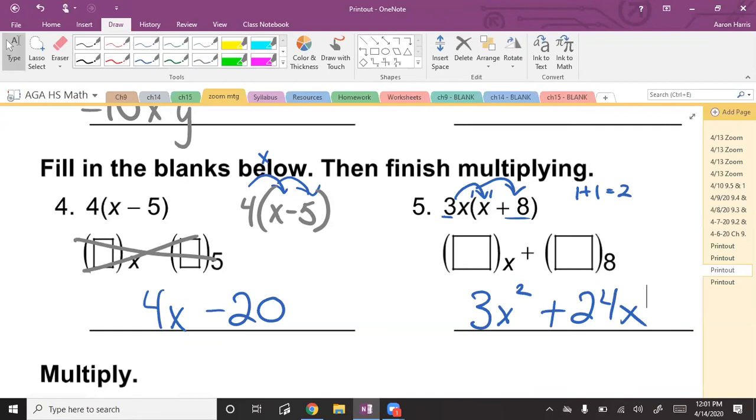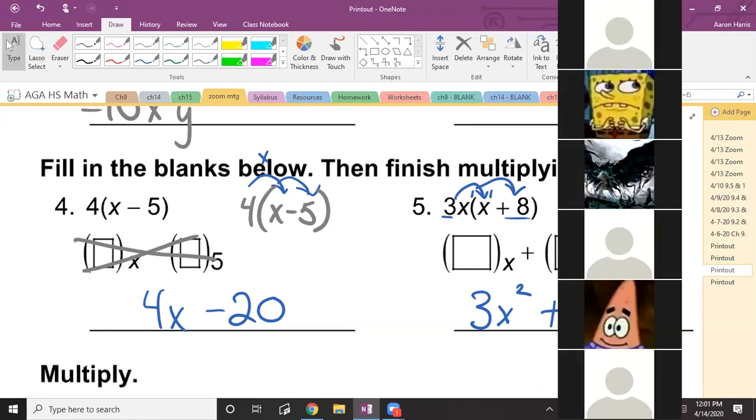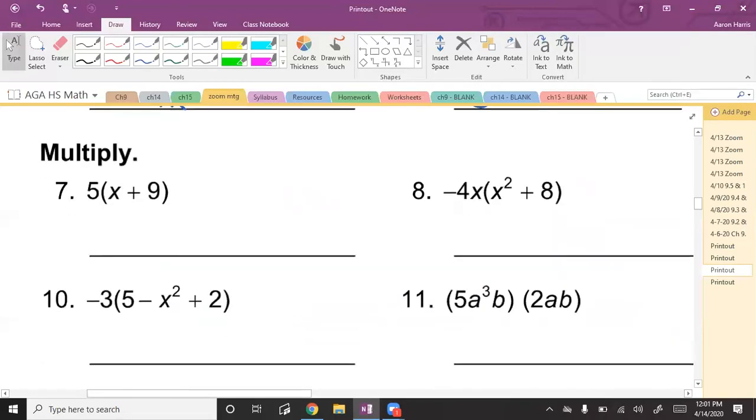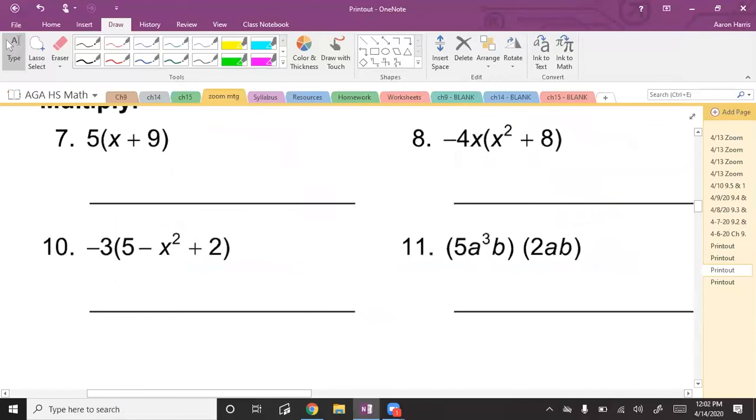Let's see, who's up next? I'm going to go with Henry. You there, Henry? Yeah. All right, let's make it happen. What am I going to do with this -3? Multiply? What do we call this?